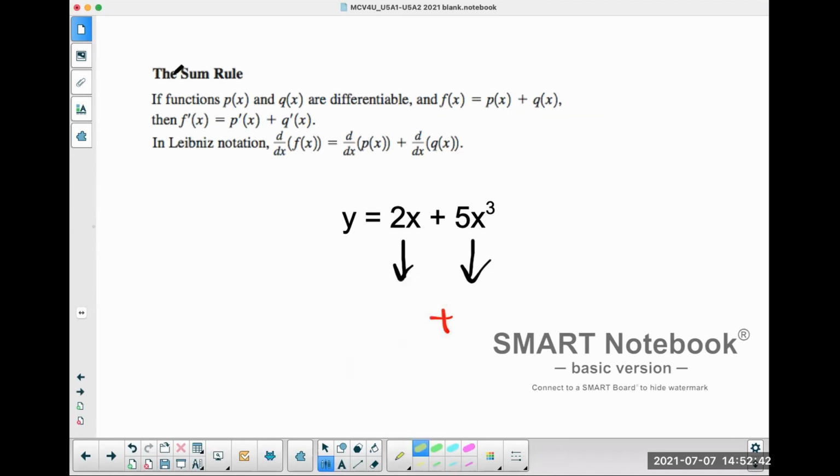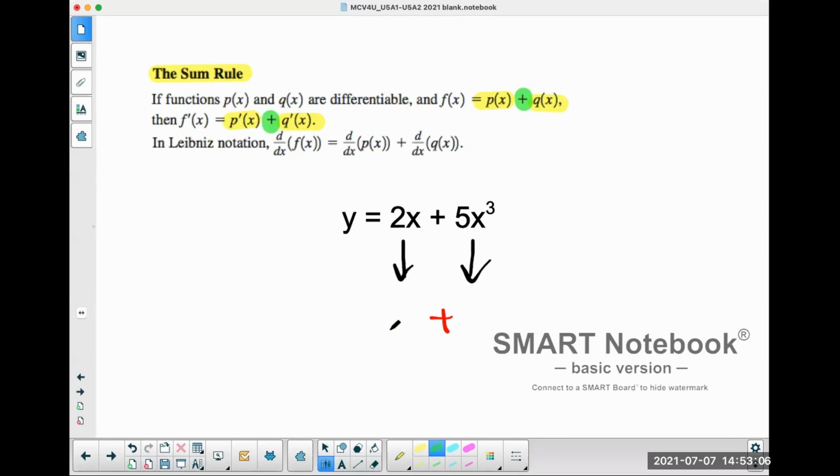If you have a polynomial function, p at x and q at x, you can simply find the derivative of p and the derivative of q separately, and then add them up together. So you don't have to treat it as a big, long, complicated question. You can treat each term separately and just do one term at a time.